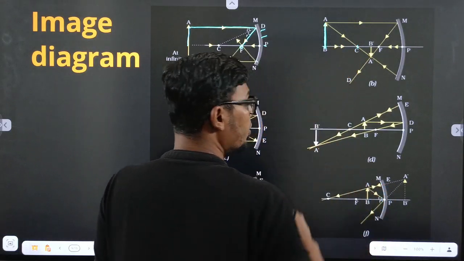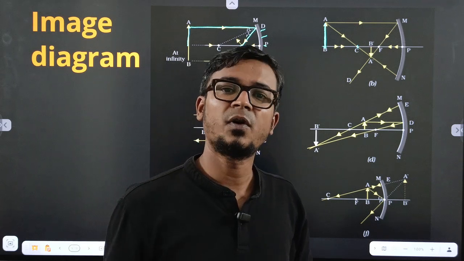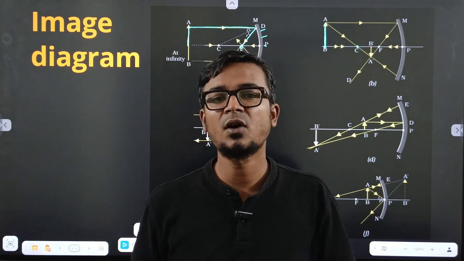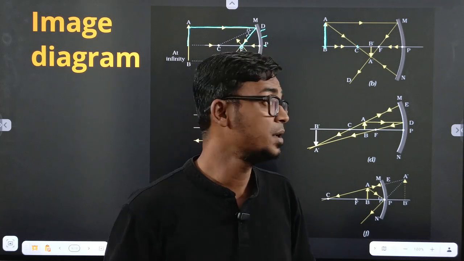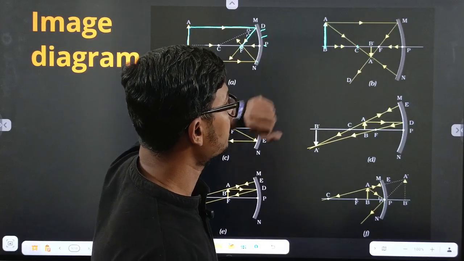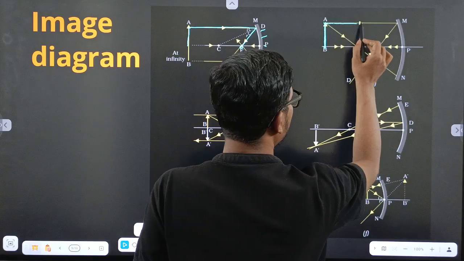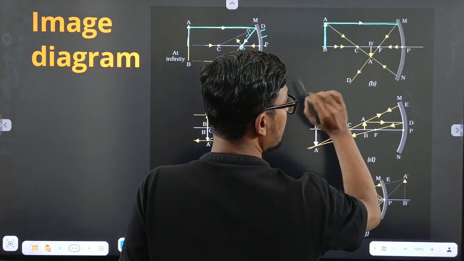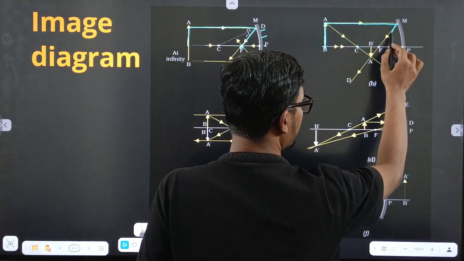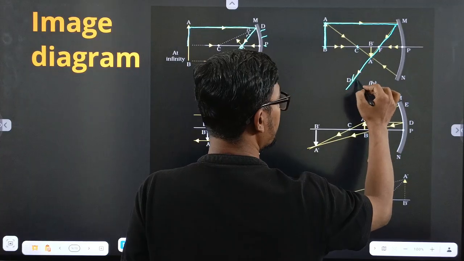Therefore, we know the 4 rules for drawing any kind of image diagram. So for this object, first of all, if you draw an incident ray which is parallel with the principal axis, then this ray will go through the focal point.